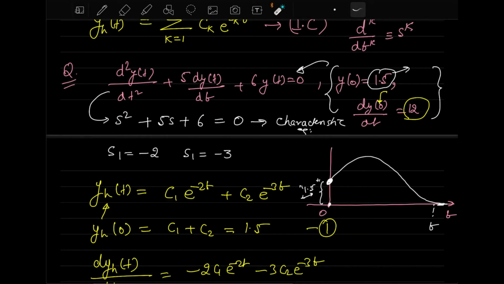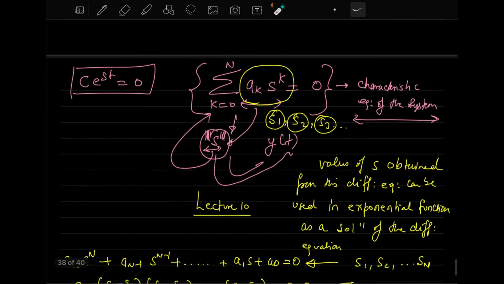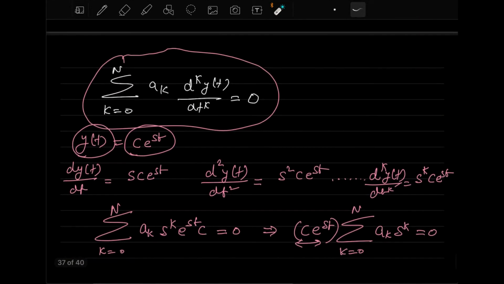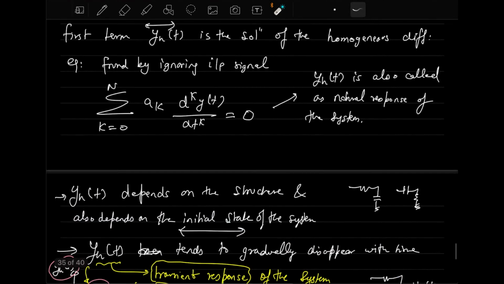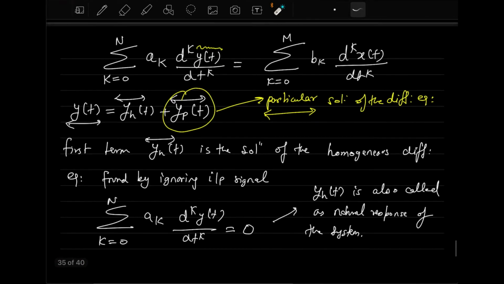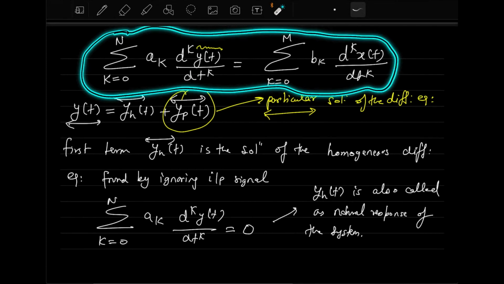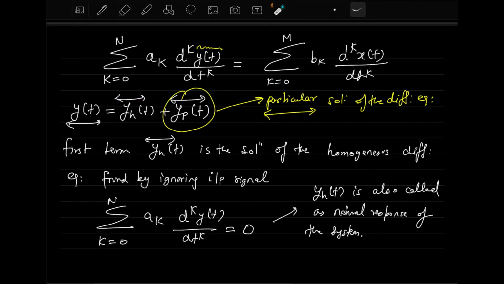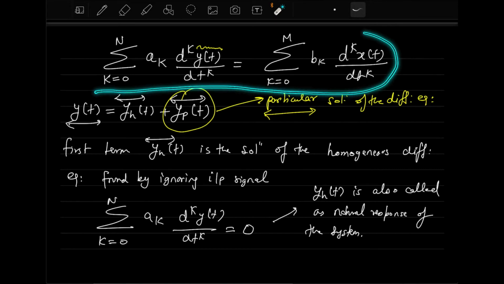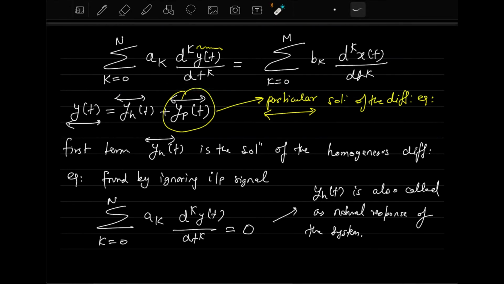Yes. So this equation will be non-linear because, if you recall our earlier lecture where we were discussing the constraints on this particular differential equation, the linearity and time invariance, I told you that if you want this system to be linear, then all the initial conditions have to be set to 0.